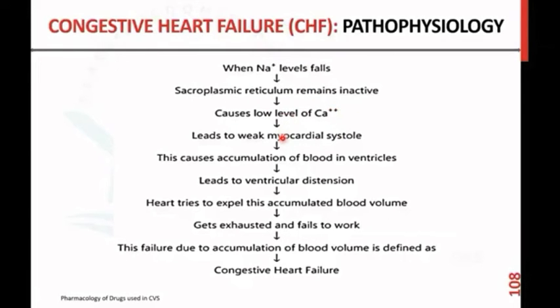Next we see the difference between digitoxin and digoxin. Digitoxin binds to plasma proteins, and digoxin doesn't bind much to proteins. In digitoxin there is a larger volume of distribution, and in digoxin there is a smaller volume of distribution.